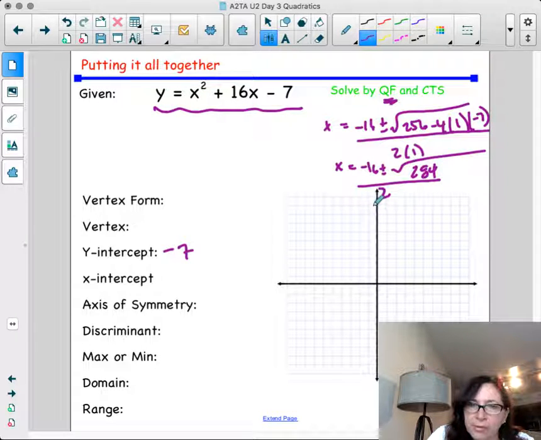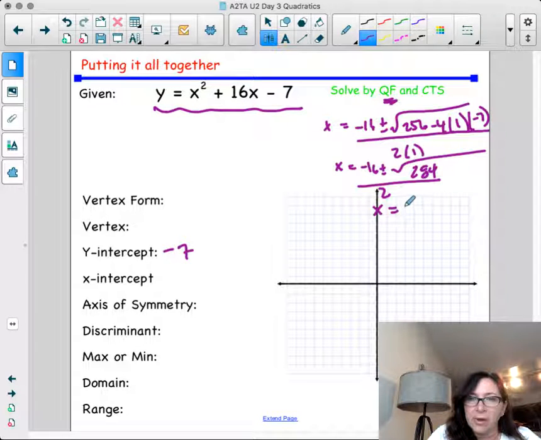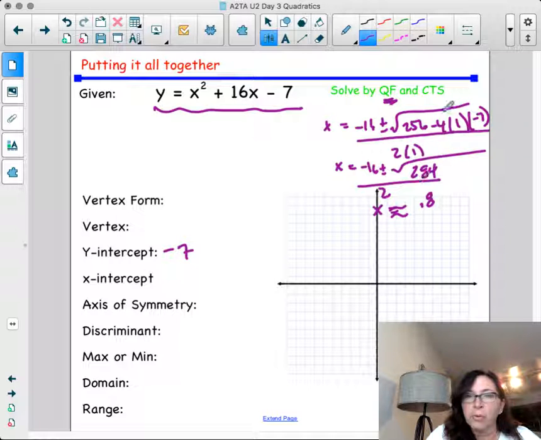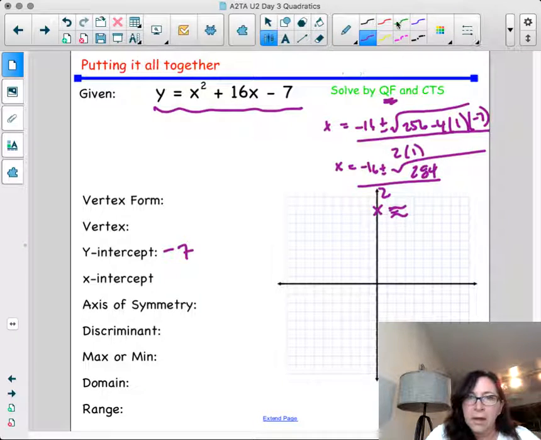So I'm going to do approximations. So we got x equals negative 16 plus the square root of 284, which is 16.8. So one of my values approximately is going to be 0.8. Oh, wait, did I divide that by 2? No. Divide that by 2, and that's actually 0.4. Let me erase that.